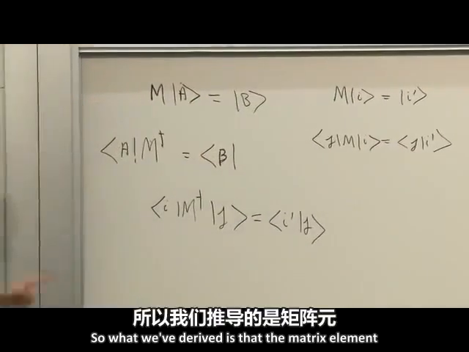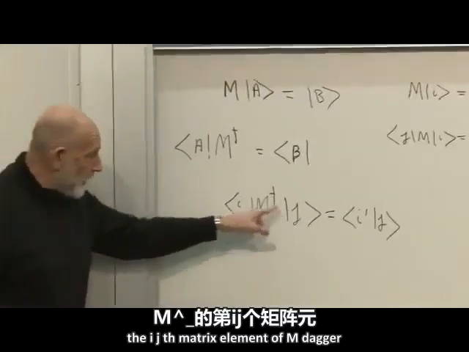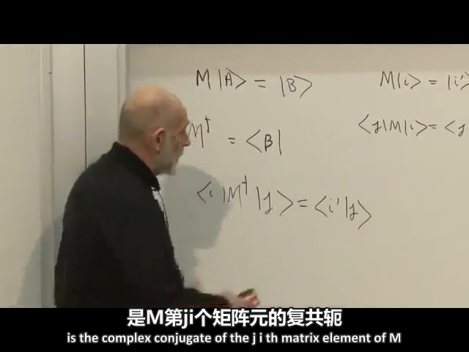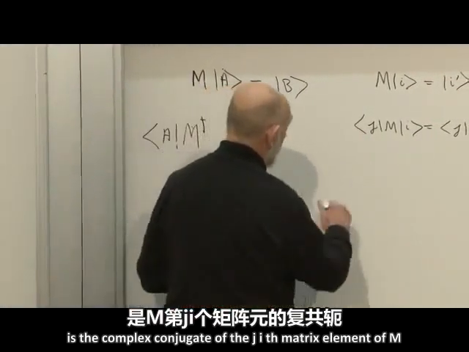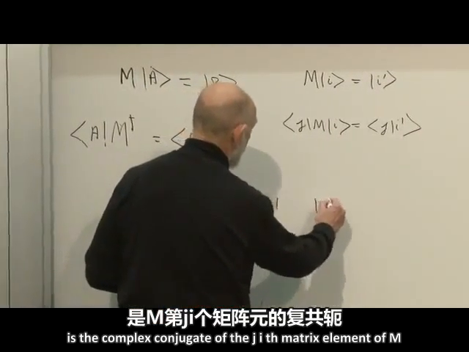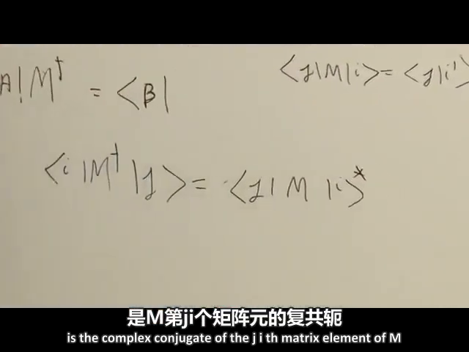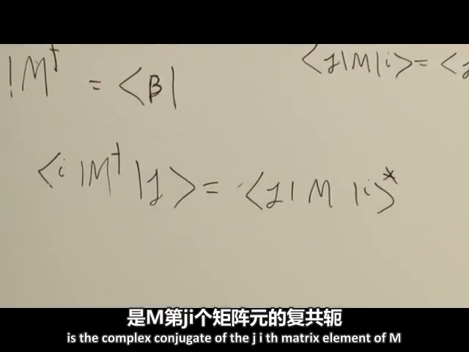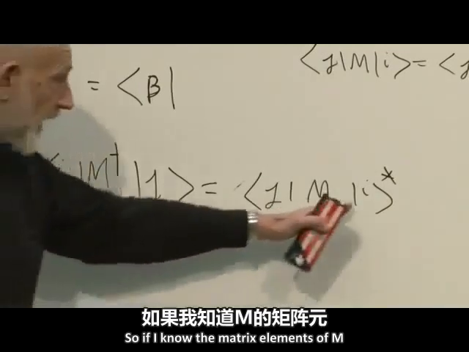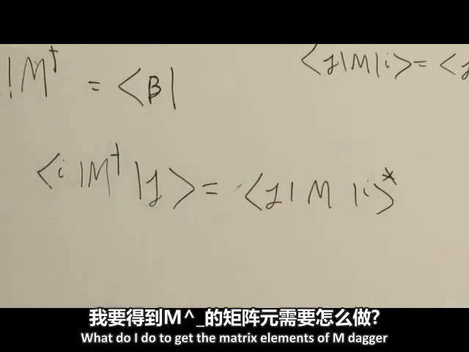So what we've derived is that the ijth matrix element of M dagger is the complex conjugate of the jith matrix element of M. So if I know the matrix elements of M, what do I do to get the matrix elements of M dagger?